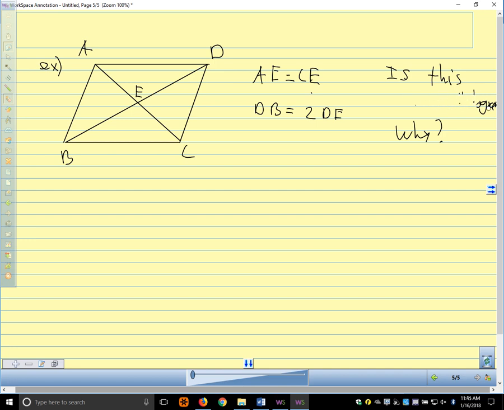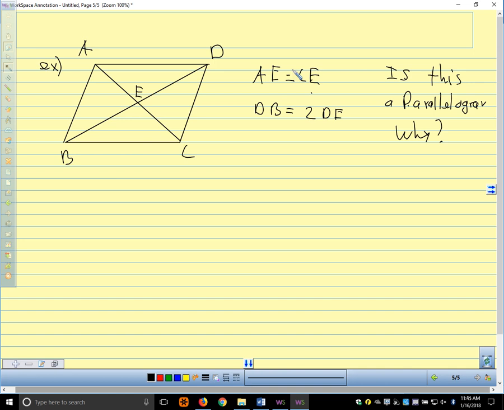All right, so what is this telling us? Is this about lengths? Is this about parallel? Is this about angles? What are these pieces of information telling us about these segments? Yeah? So it has to do with the lengths, right?